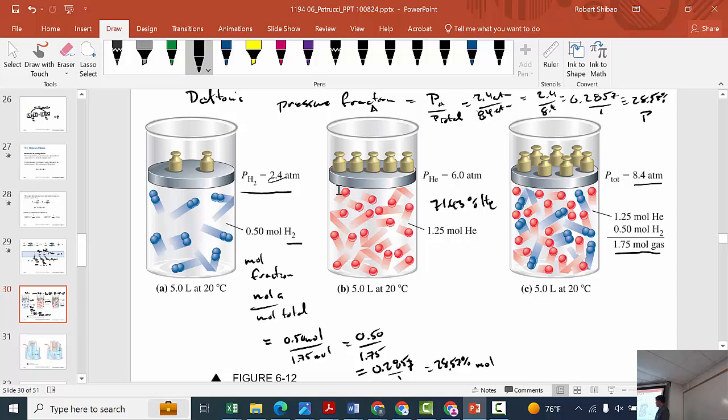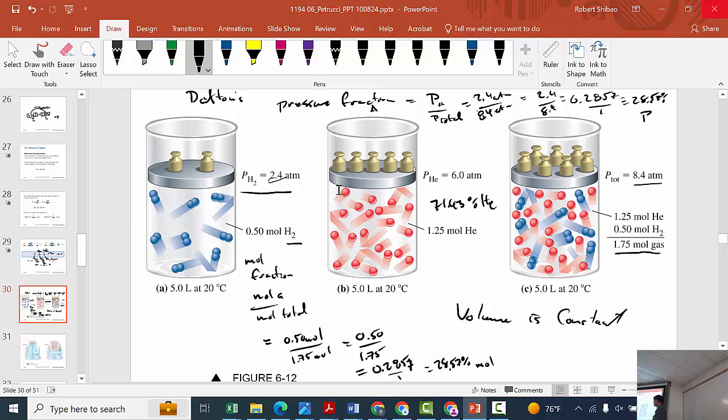So is the hydrogen still 28.57% by volume? Here, the answer is actually no. Because in Dalton's, what has to happen with the volume? In Dalton's, the volume is a constant. And so this is why when you take 5 liters plus 5 liters, you get 5 liters.